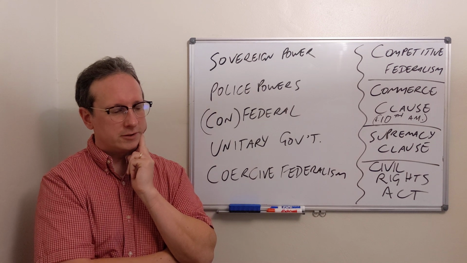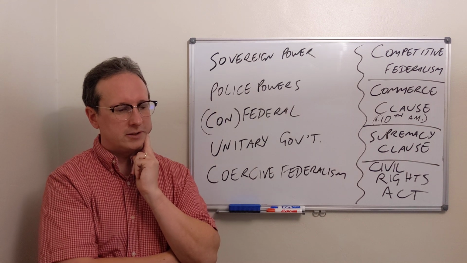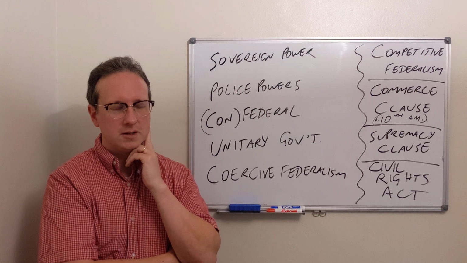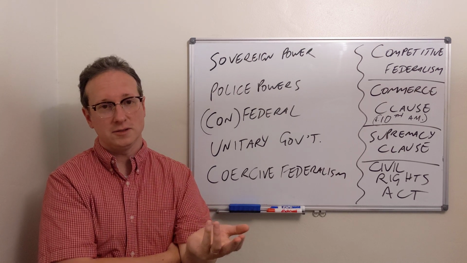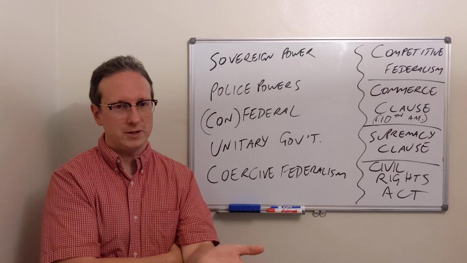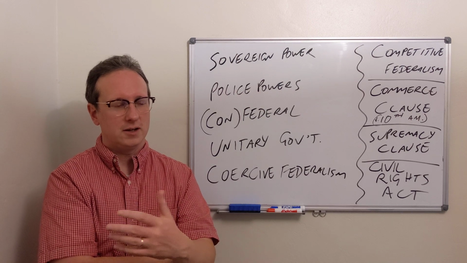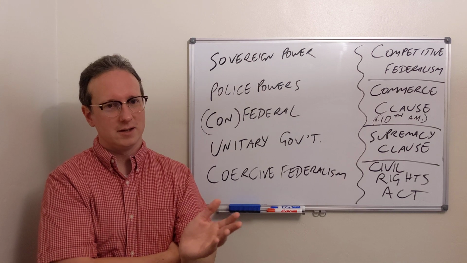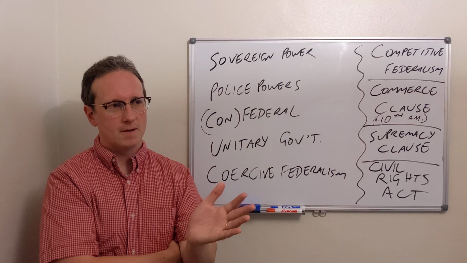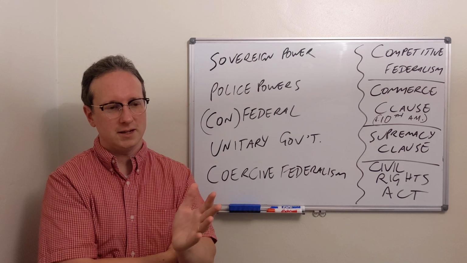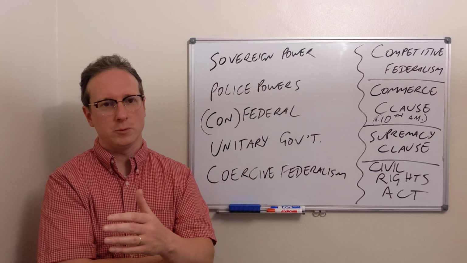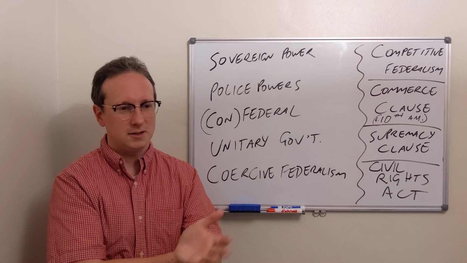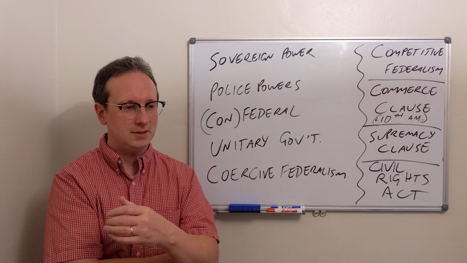So that's what the police powers are of the states these days. They're not sovereign. It's kind of a division of power and kind of a cooperative power now, because none of those areas that I mentioned are exclusive. And really no issue area is now exclusive. It used to be that they were very segregated in terms of their issue areas, and education was something the federal government wouldn't even touch, as well as health and safety.